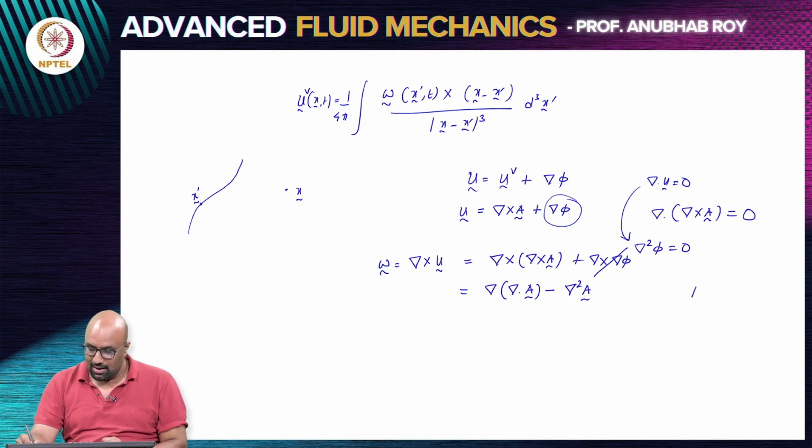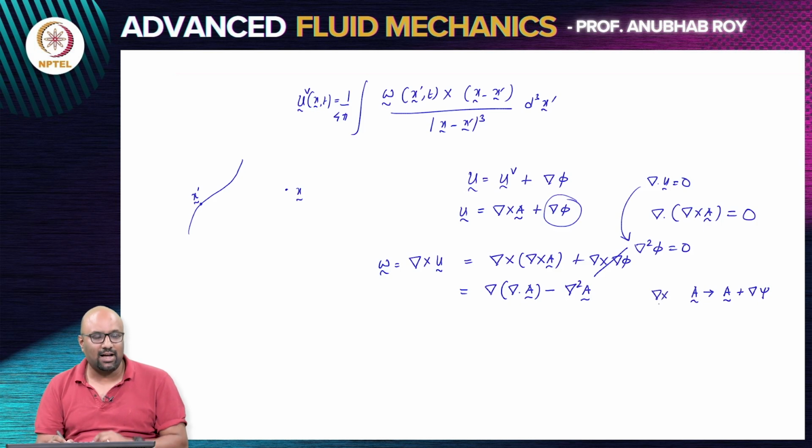and A, which is this vector potential, it has this arbitrariness that I can write A as A plus some gradient of scalar and nothing would change, because finally we are to find the velocity field. What are we doing? We are taking the curl of this quantity, right?